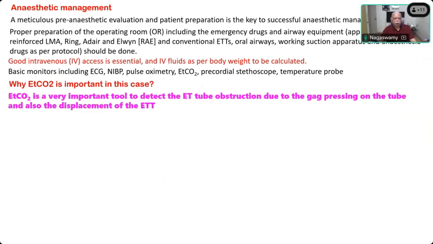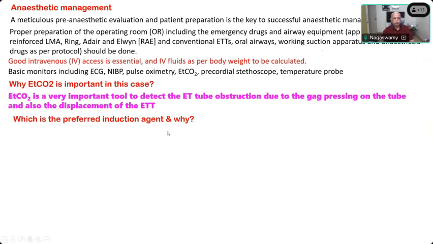The tube might go into the larynx correctly, but ventilating the bag may be very difficult. Or when the surgeon puts the gag and presses the tube, obstructing or displacing the ET tube, ETCO2 is the main thing which will tell you that such a calamity has happened.